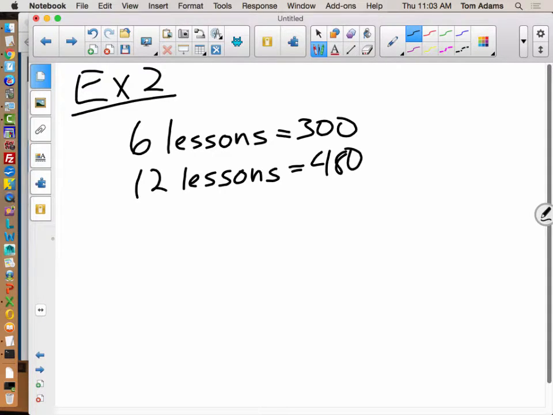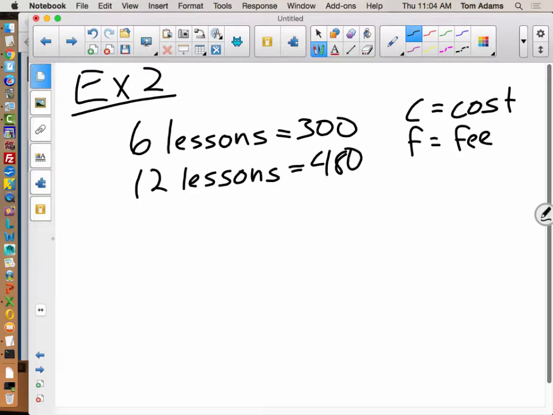Now what they're saying, and this is where it gets a little confusing, is that you're going to have a cost of each lesson. So there's a per lesson cost, and then there is a one-time fee. Now the fee is for like registration and buying your books and stuff. Now what I need to do is solve for what is the cost and how much is the one-time fee.